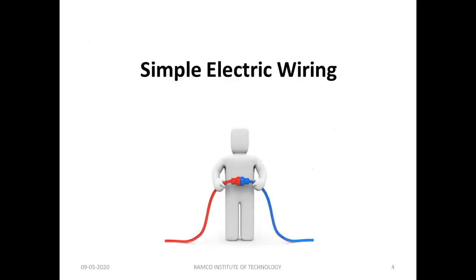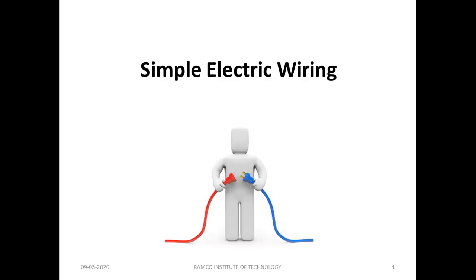Before entering into the topic, we must know simple electric wiring. In our house wiring, we must know some simple electric wiring diagrams. When we press the switch, your motor starts rotating, your fan starts rotating, your light starts glowing, right? So what's happening? In general, any load, it may be a TV or a grinder and all, has two main terminals.